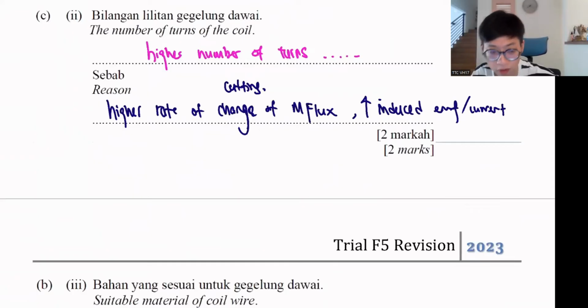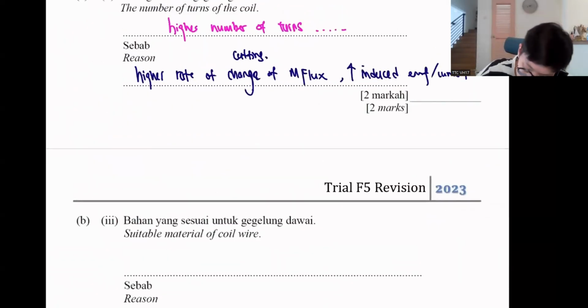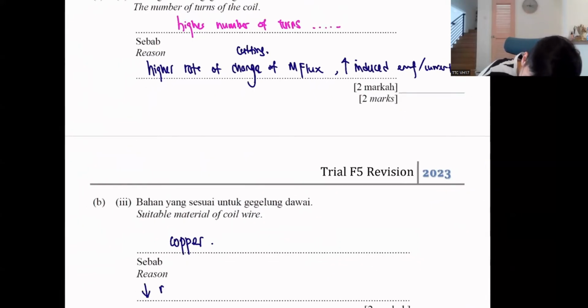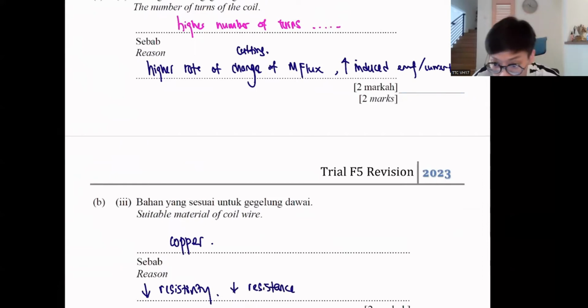Okay, then what about suitable material? The answer here we can say copper. Why? Because it has lower resistivity, so therefore lower resistance, so more current can flow. So higher induced current.